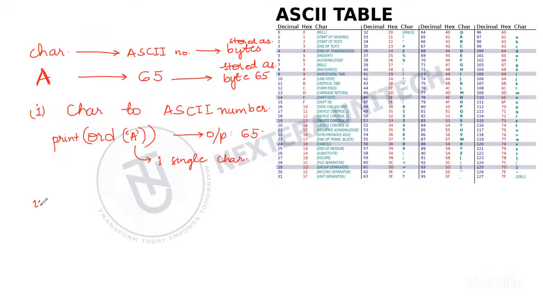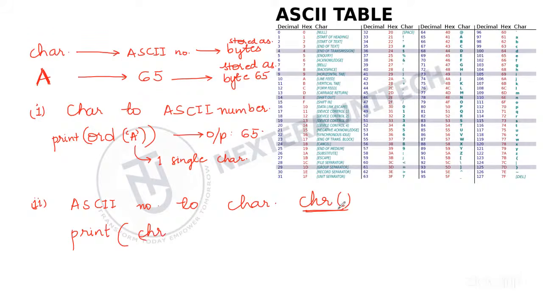And when I want to know for some number what character is given, so ASCII number to character, let's say I have some number 48. For 48, I want to know what character is given. So let's use the function CHR. The CHR function is used to find that.